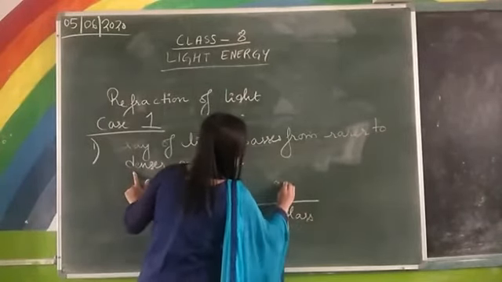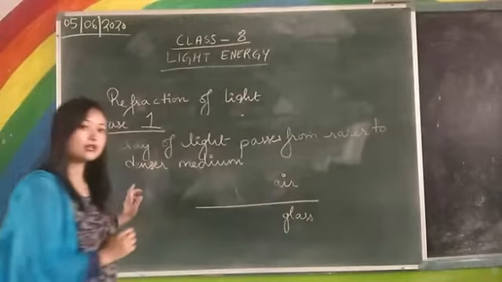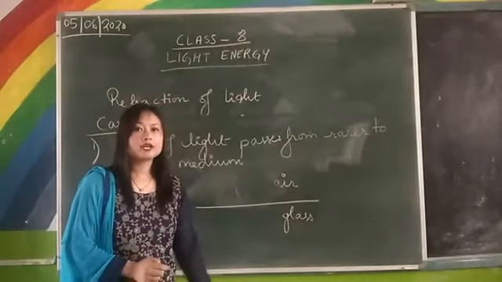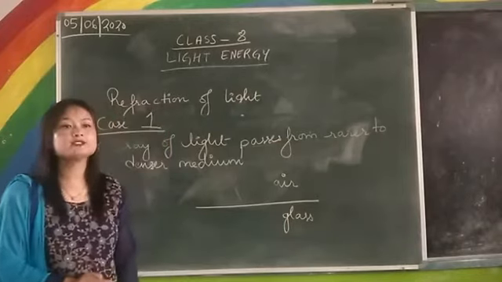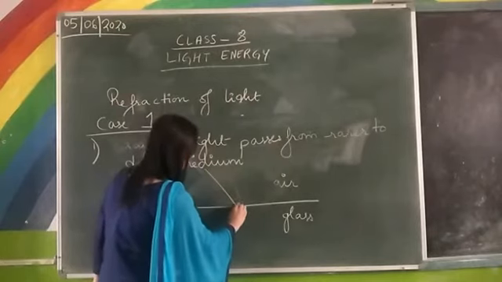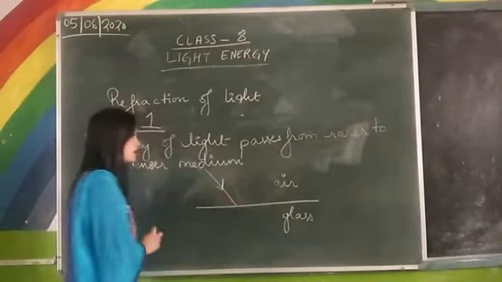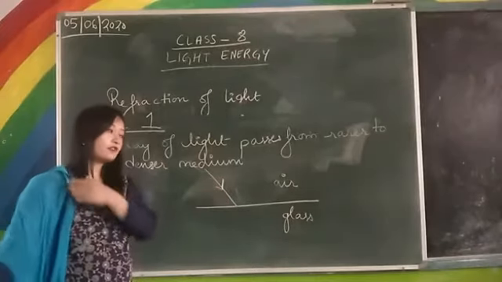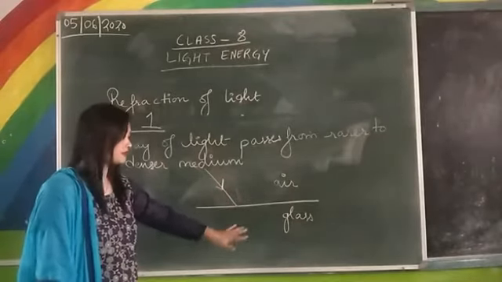So we have two mediums here. One is air, the other is glass. Now how does a ray of light refract? A ray of light comes from a source which is in the air, and then falls on a refracting surface.